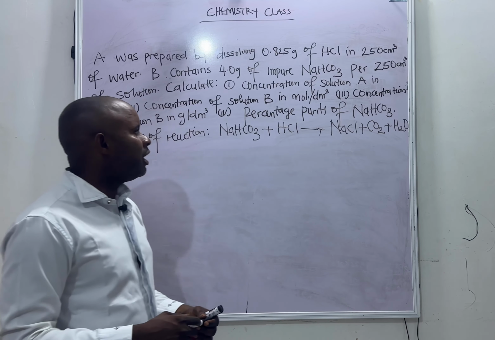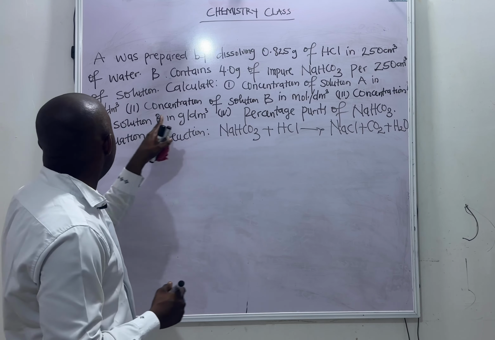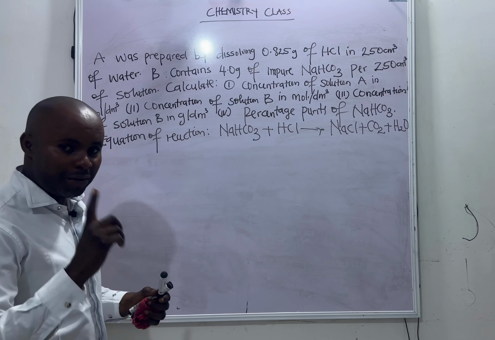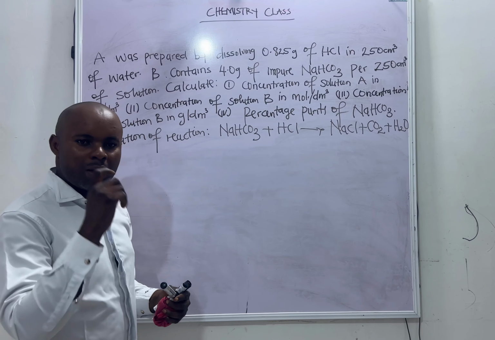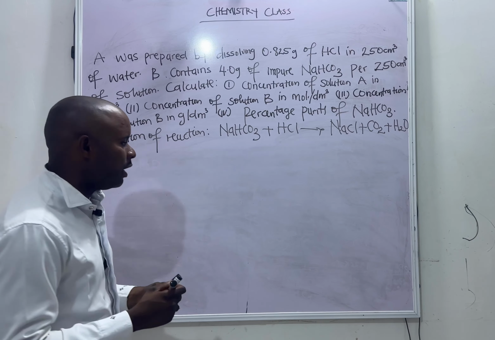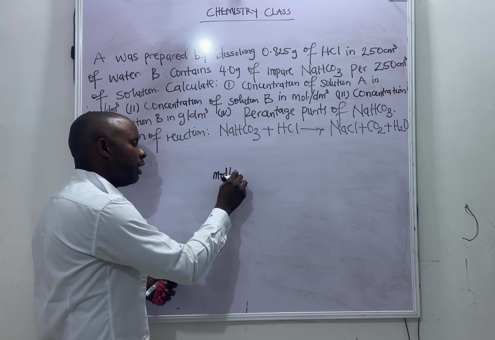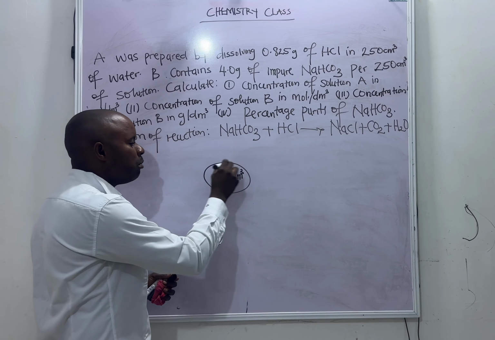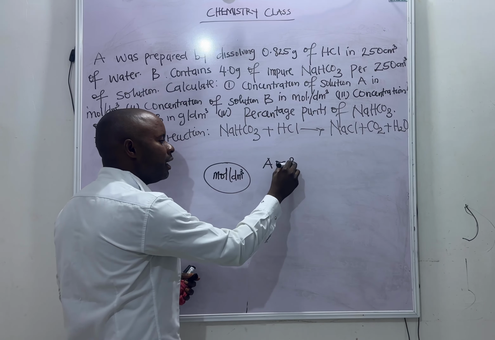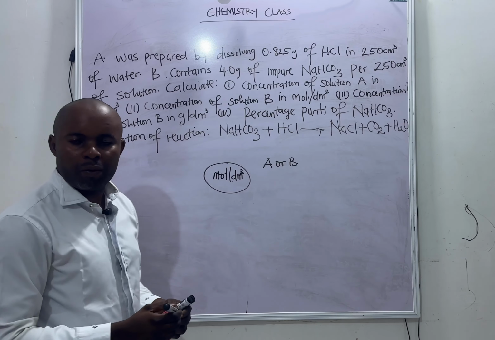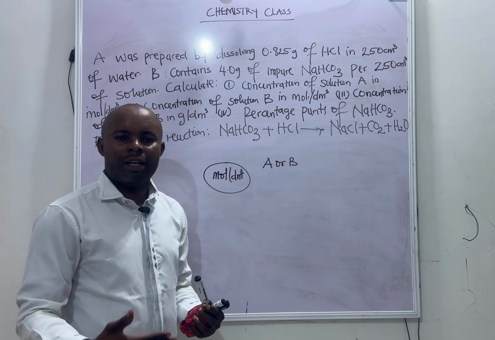So in this aspect, you are now asked to solve for concentration of solution A in mole per dm cube. As I've said before now, with each of these titration questions, if you should see a question where the molarity of the acid or base is not given to us, we'll be able to derive the concentration using a different formula.